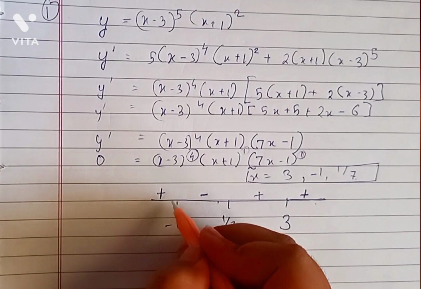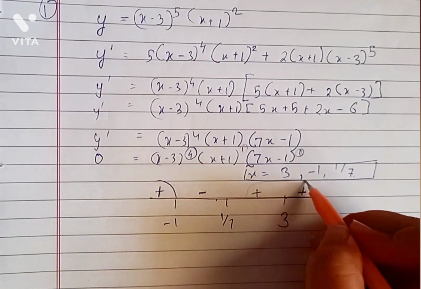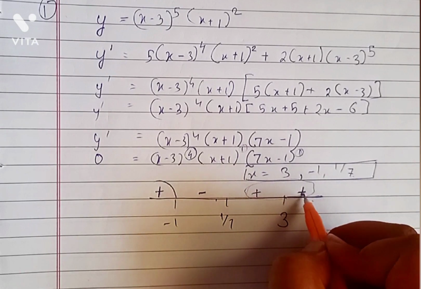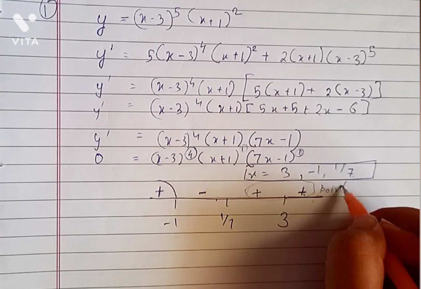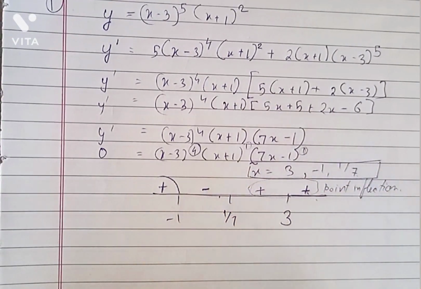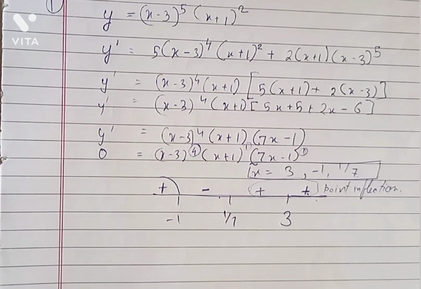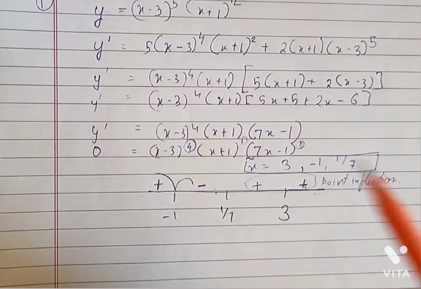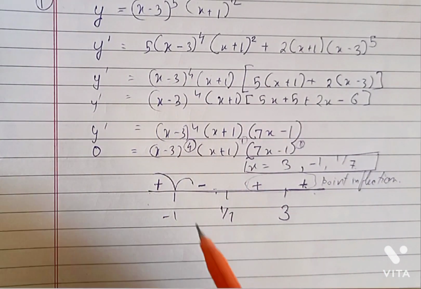Now from here you can see which are the positives. This and this couldn't be positive. Why? The sign didn't change. Sign didn't change means it's a point of inflection. This is just a short trick to recheck your answer whether you have done correctly or not, right? But you can't use this method in the exam. In rough work, you could. We'll see from left to right for sign change, right?